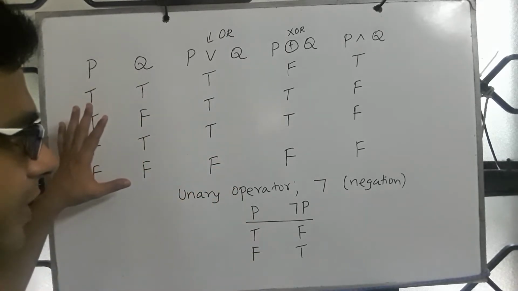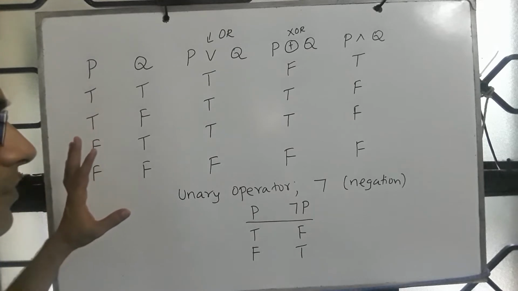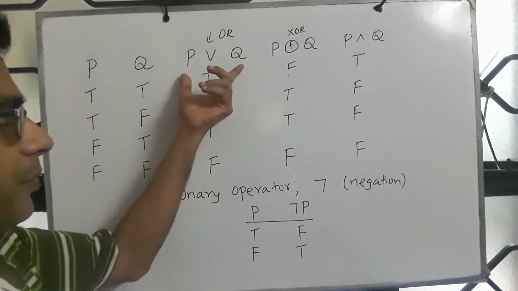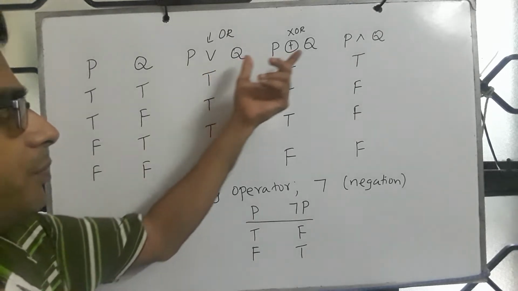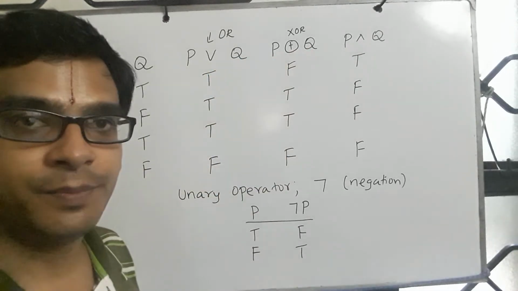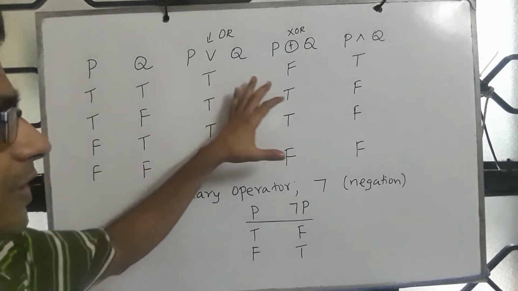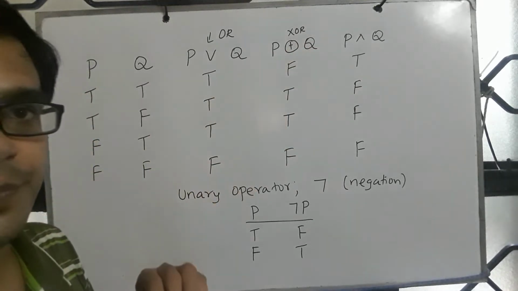We are not interested in specific instances. Instead, given a logical argument involving compound statements of this type, we would like to know what is the truth value of P or Q, P exclusive or Q, and so on.